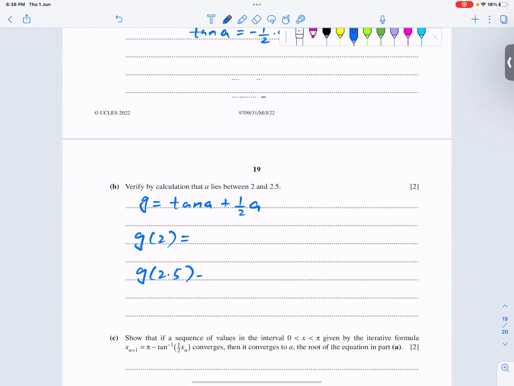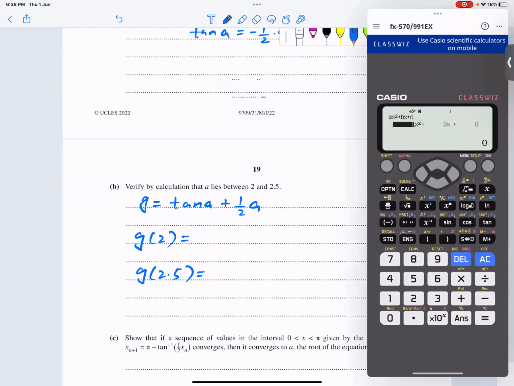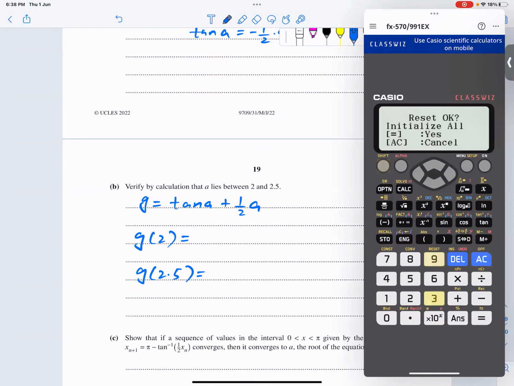Also set the calculator. tan of 2 plus 1 over 2 times 2 is negative 1.18, so negative.